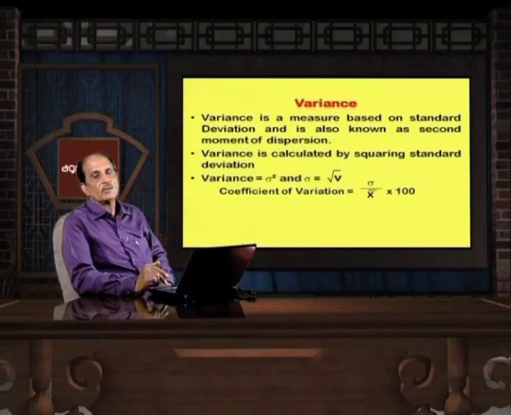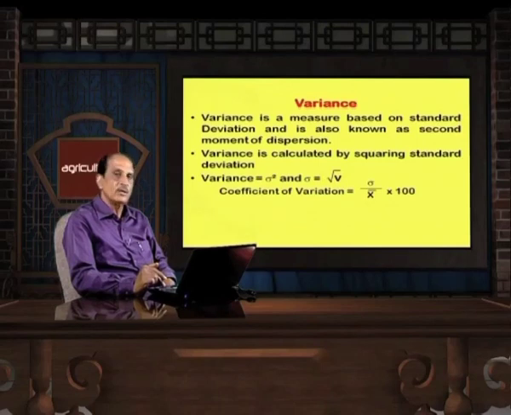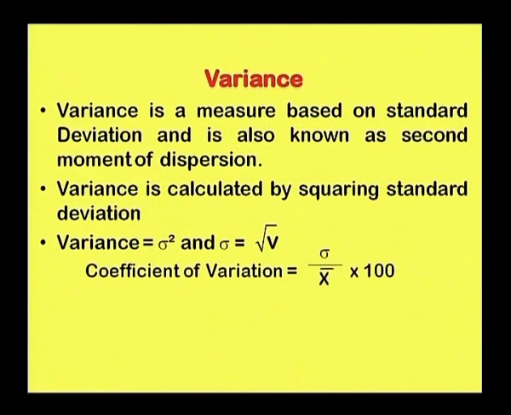Friends, we have discussed the problem of determining standard deviation by the step deviation method for a continuous series. Now, I take up what is variance. Variance is a measure based on the standard deviation and is also known as the second moment of dispersion.